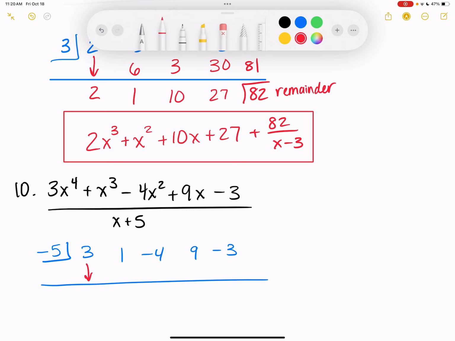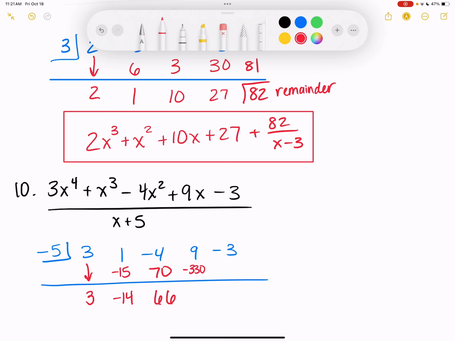Bring down the 3. Times negative 5 is negative 15. Plus 1, negative 14. Times negative 5 is 70. Minus 4 is 66. Oh, goodness. Times negative 5, negative 330. Is that right?